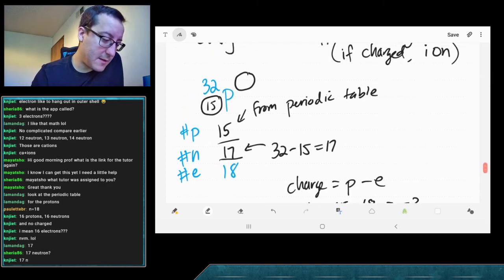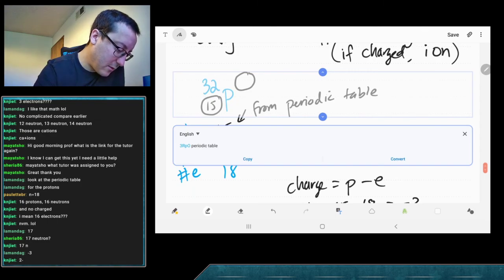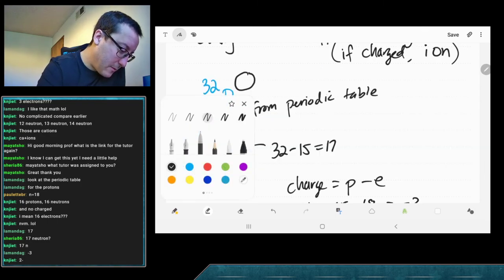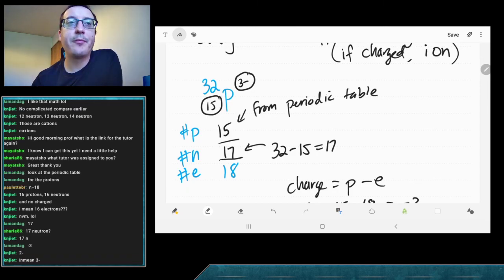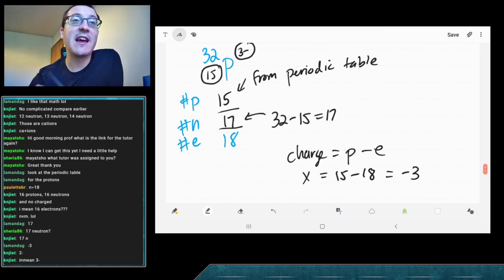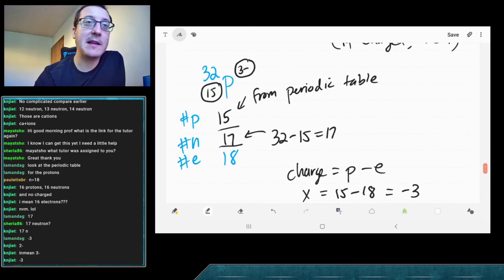And so we would then put 3 minus up in the top. So we have now completed this particular symbol, and we've figured out the rest of the numbers that we needed to plug in here.